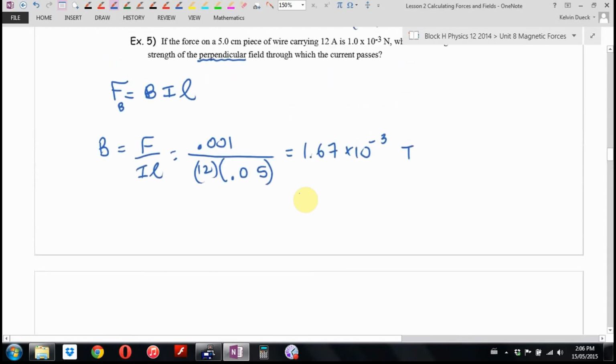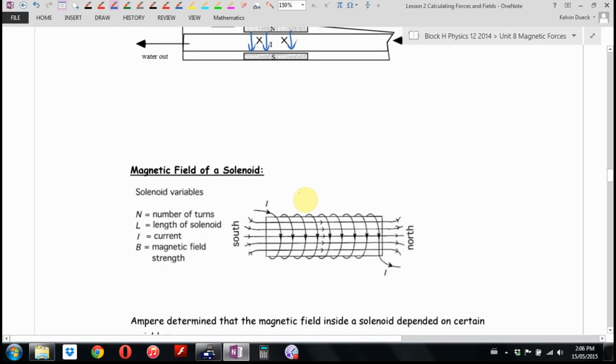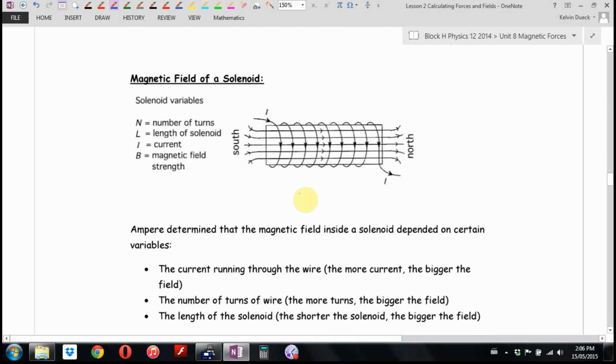But going back here, I said, Darian, it'd be nice if we can customize our magnetic fields. And it turns out it's ridiculously easy to customize how strong you want your magnetic field. How? With a solenoid. Ampere did a lot of research with solenoids, and he found three things.